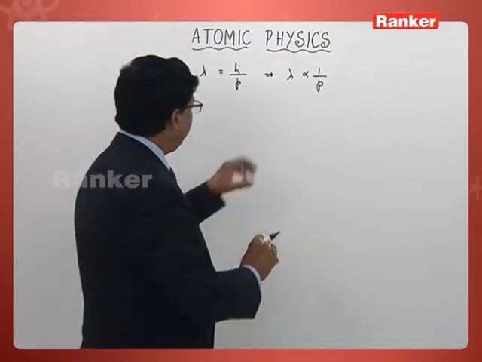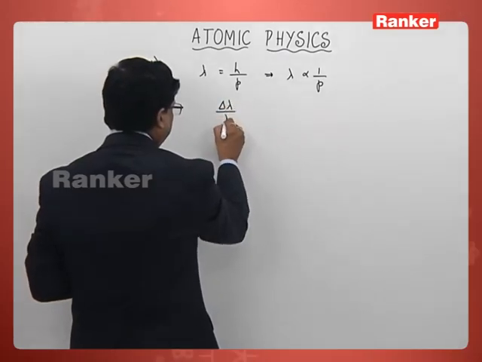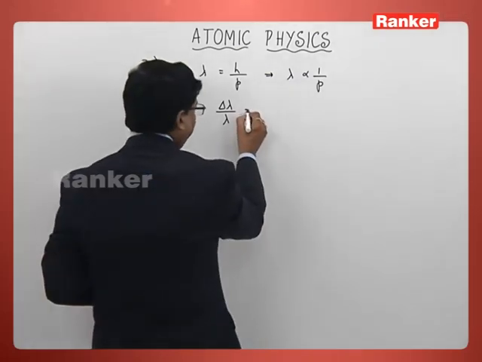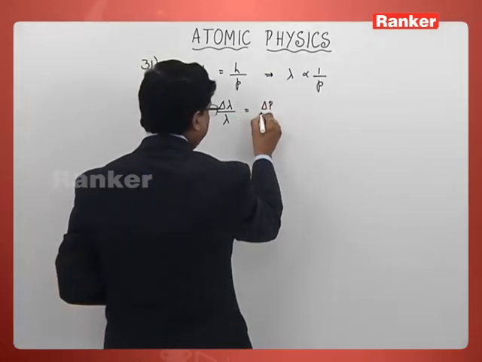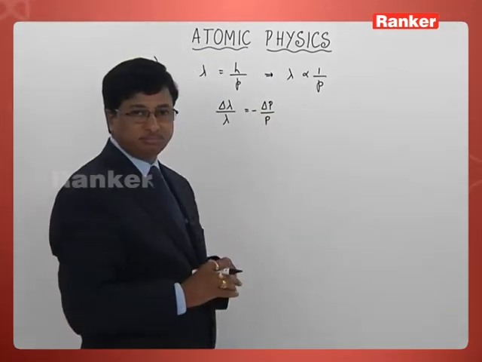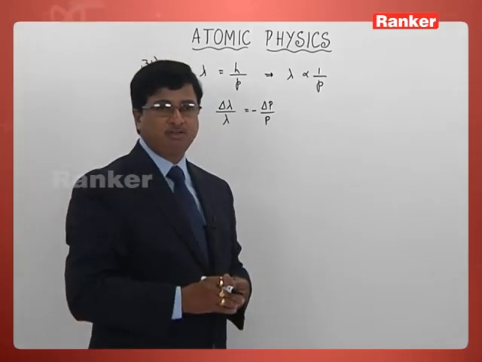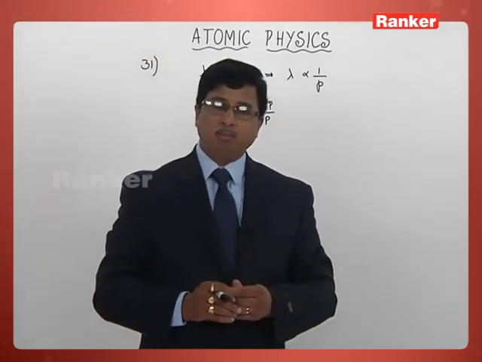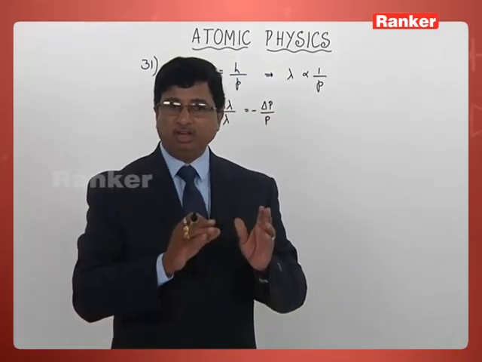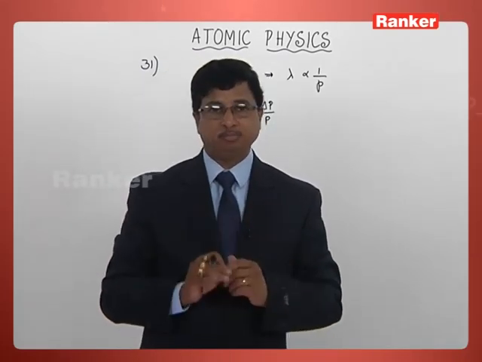Now let me write the same this way: delta lambda by lambda is going to be delta p by p with a negative sign. p to the power minus 1, there is nothing special there. Minus 1 into delta p by p, so that is a negative of delta p by p. That's what actually is given.